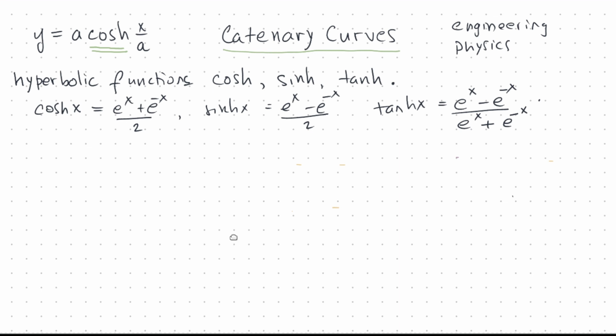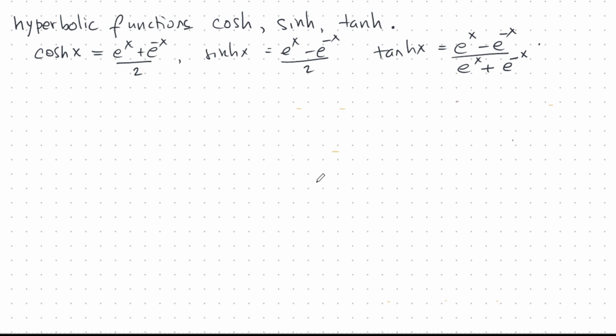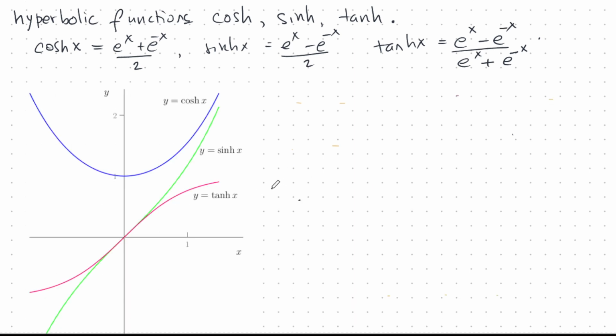And we can now have a look at what the plots of these three look like. So here we have all three of them. Cosh is the blue, sine h is the green one, and tan h is the red one. You notice that tan h is bounded between plus and minus 1, but cosh is unbounded, and sine h is also unbounded. And we have some properties.